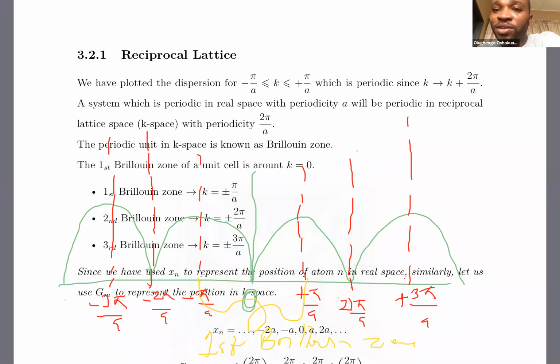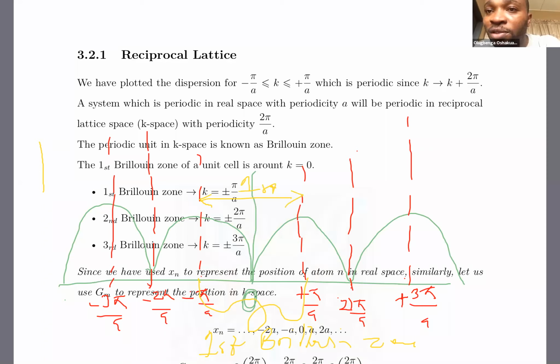From the second pair of dotted lines, no, that's not feasible. So from this point, let me put it here. We called it the first Brillouin zone.